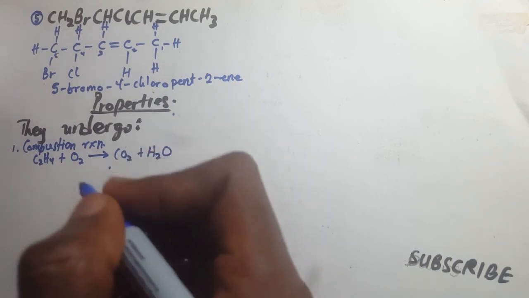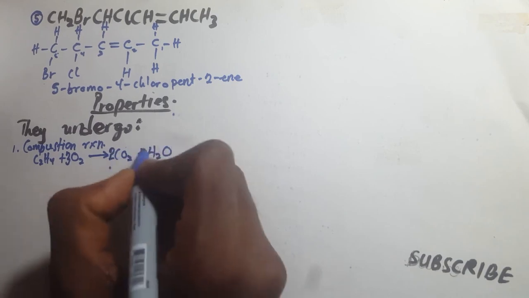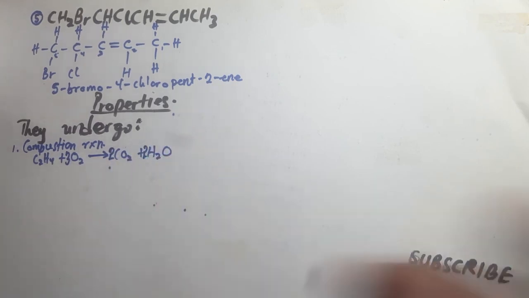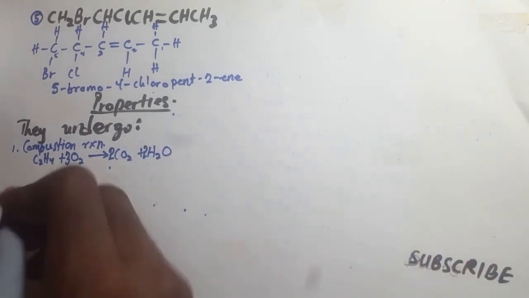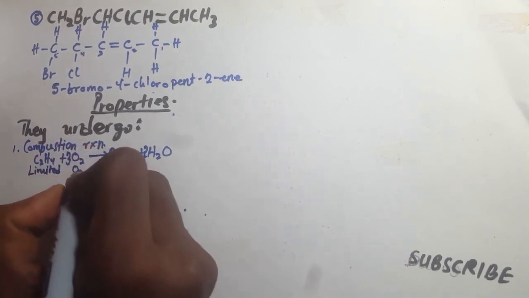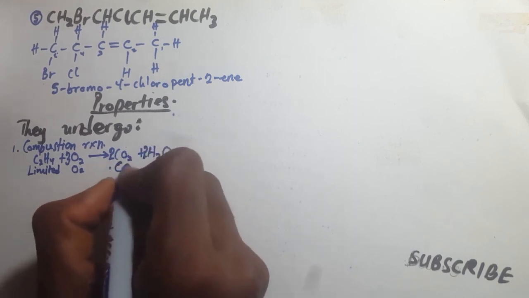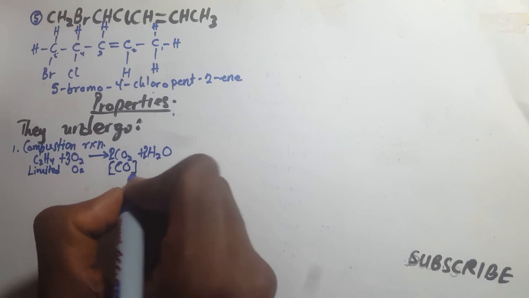This equation is not balanced, so we introduce 3 here, introduce 2 here, introduce 2 here, and this is balanced. Now with limited supply of oxygen, instead of carbon dioxide being produced, carbon monoxide will be produced.